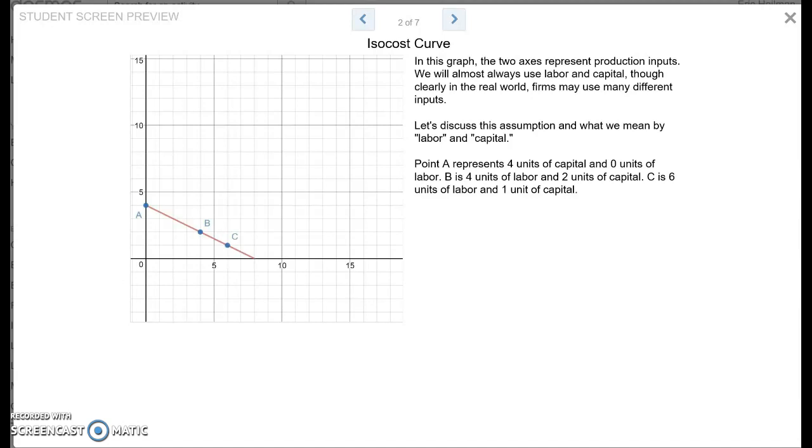Labor, meaning human beings who work in your firm. Capital, which means machinery, computers, that sort of stuff. If somebody is a farmer, they will also be using land. So their main inputs might be land, labor, capital for machines, and then maybe they also use fertilizer and stuff like that.